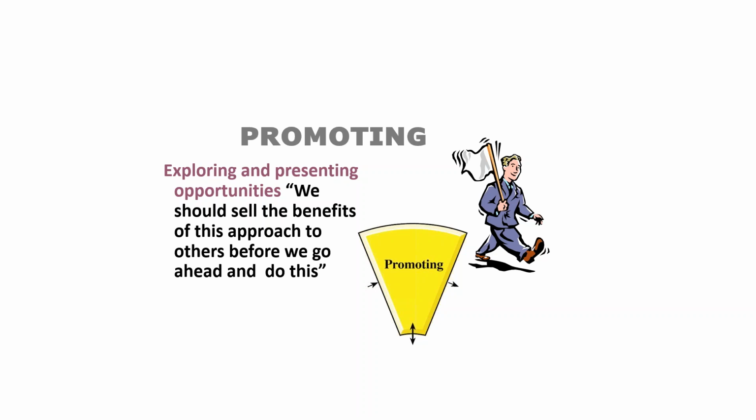And people who like doing this will make comments and statements in team meetings such as, we should sell the benefits of this approach to others before we go ahead and do this. So what they're doing, of course, is they're looking for opportunities to basically get some buy-in from the key stakeholders so that the solution to the problem will gain some momentum.